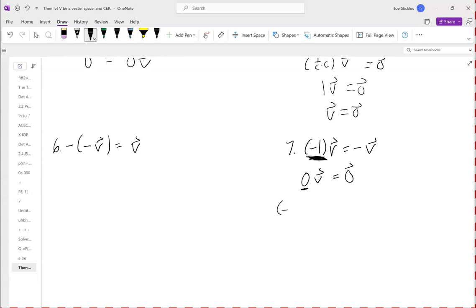Yeah, -1 plus 1. Clever rewriting of things. Because now what can I do on the left-hand side in this step that I wasn't able to do in the previous step? Distribute again. When I distribute, I get -1 times v plus v equals the 0 vector.